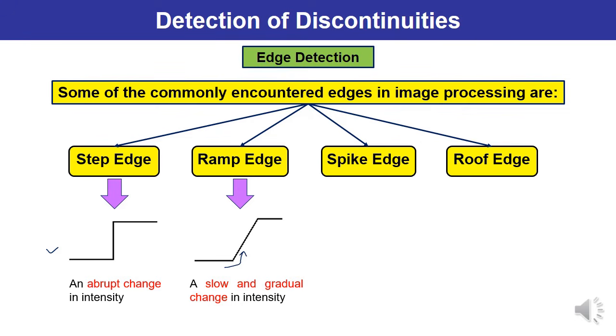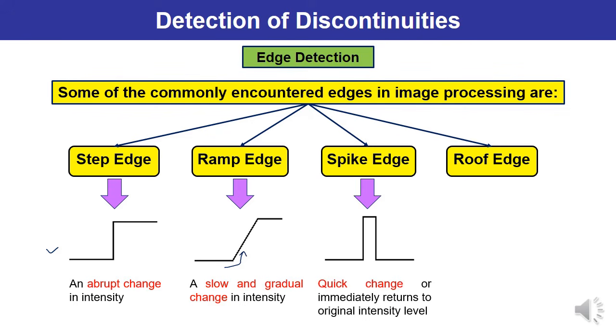Third is the spike edge. From the name itself it is clear that there are spikes, highlighted points. A spike is a quick change that immediately returns to the original intensity level. So this is how a spike edge can be identified.